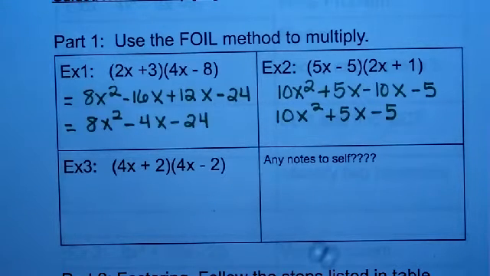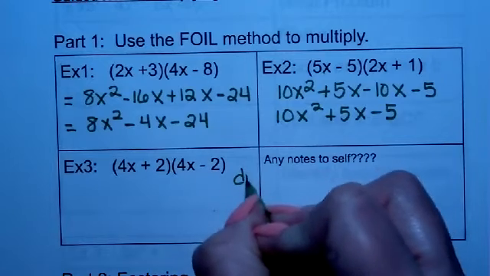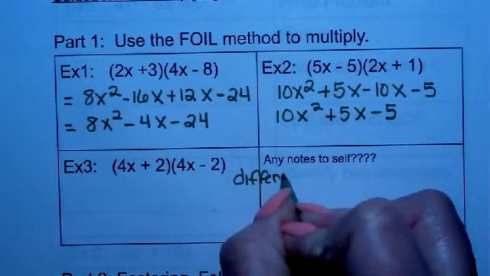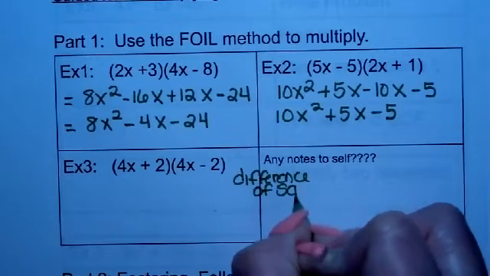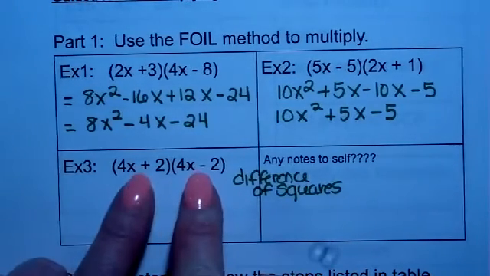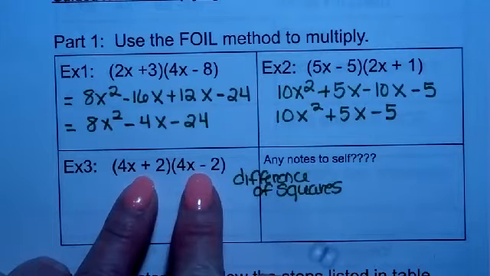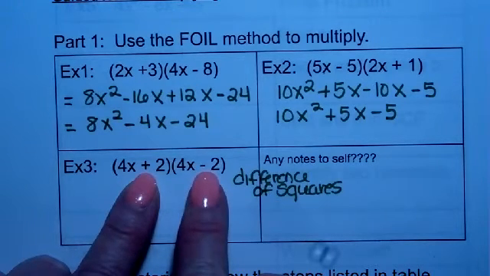Now, example 3. I want you to remember we called this the other day in our notes difference of squares. Why difference of squares? Because everything about the two binomials is exactly the same except that one is plus and one is a minus.